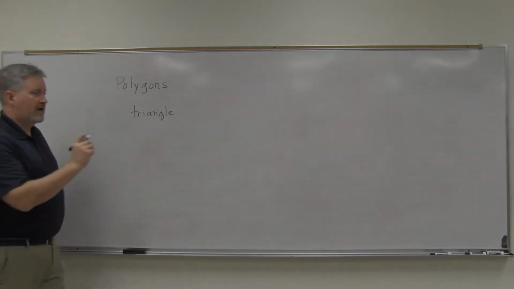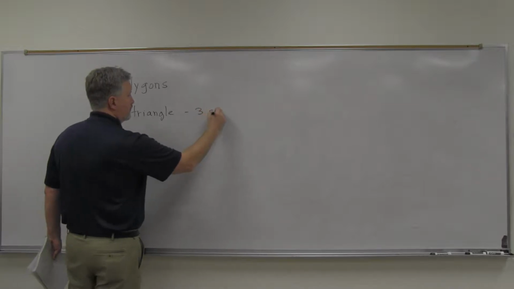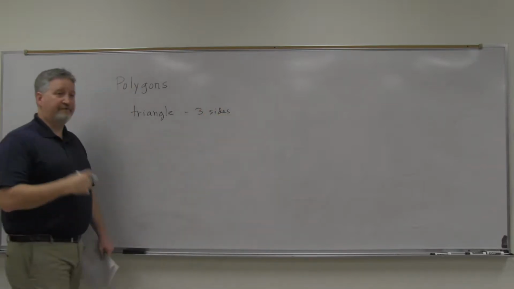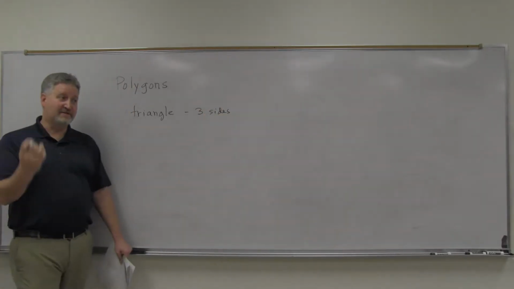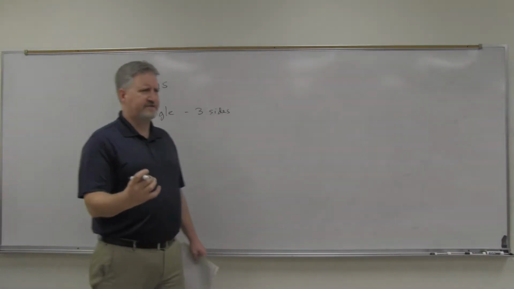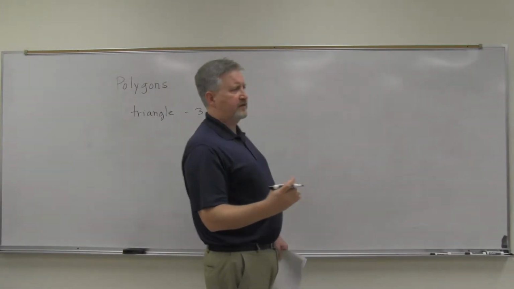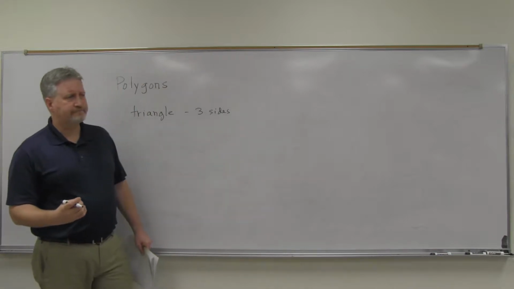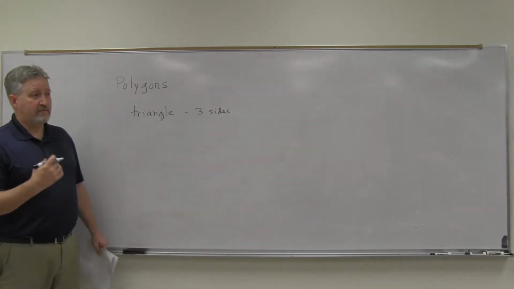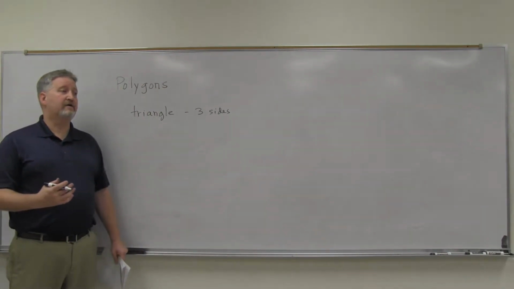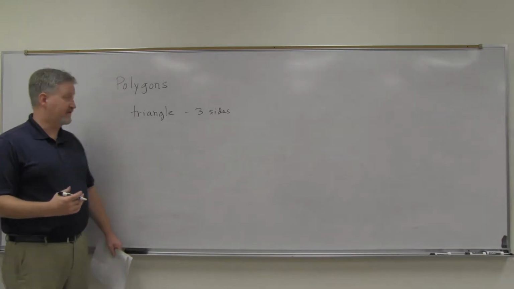Now, when we go up to 4 sides, well, you might be thinking square, but not all 4-sided polygons are squares. Not all 4-sided polygons are rectangles either, if you're thinking that.